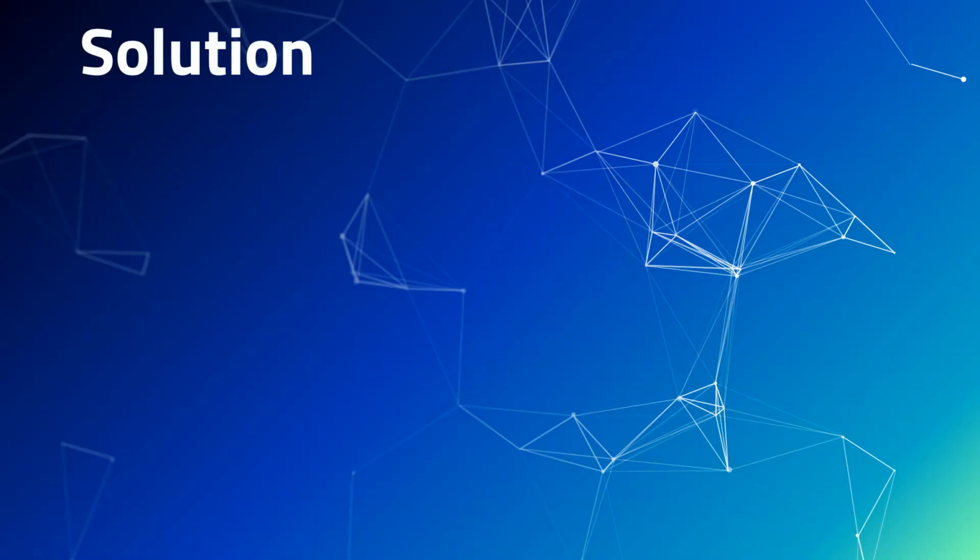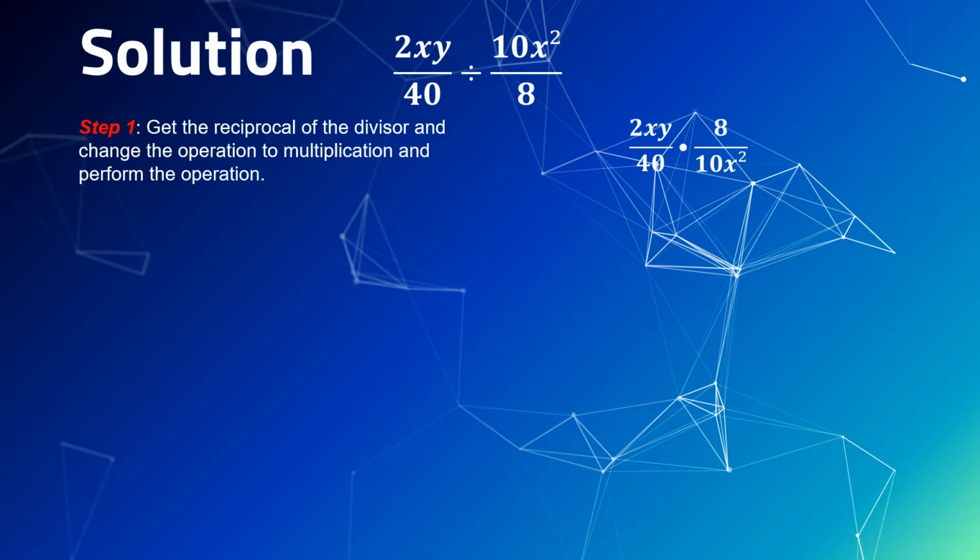So we have now the solution: 2xy over 40 divided by 10x squared over 8. The first thing that we are going to do is get the reciprocal of the divisor. This one is the dividend and the other one is the divisor.